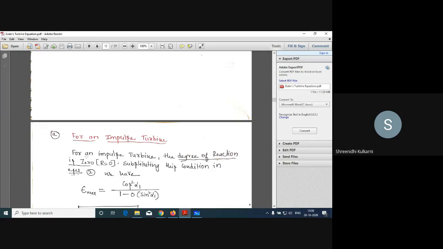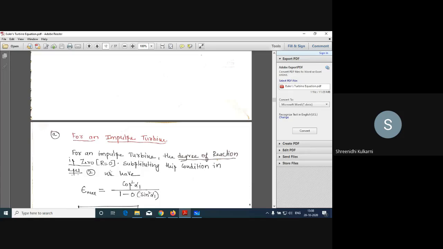Even in the starting class, in the general analysis of a turbine, I clearly told you R is equal to 0. So if we substitute this condition in the above equation, because R is equal to 0, we have cos square alpha 1 divided by 1 minus R into sine square alpha 1.